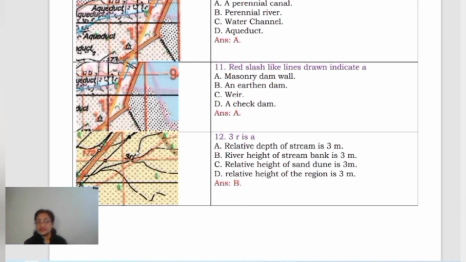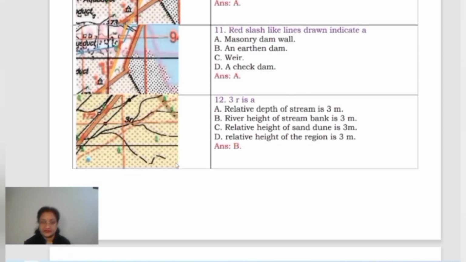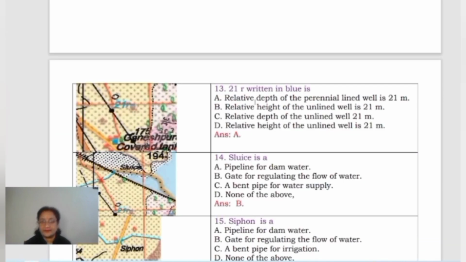It is lying on the bank of it, so it shows the relative height of the stream bank is 3 meters. So the B option is correct.